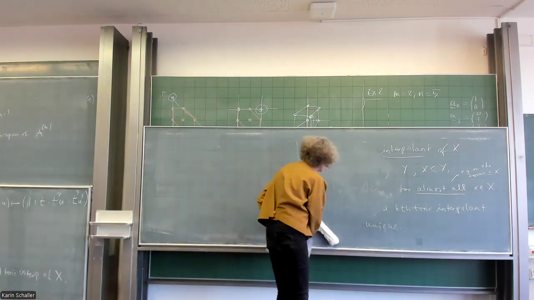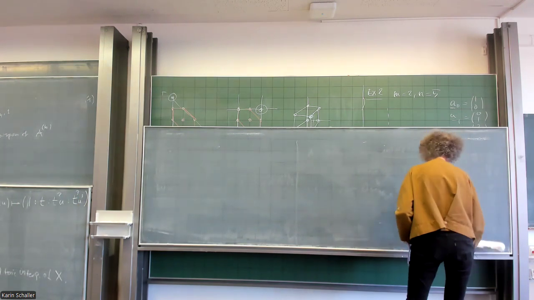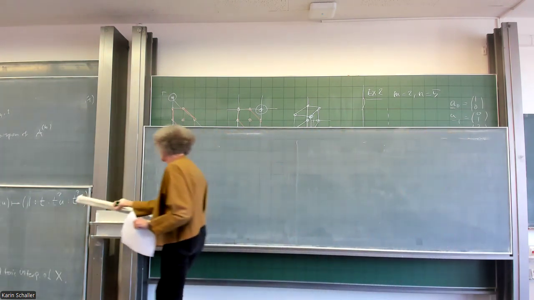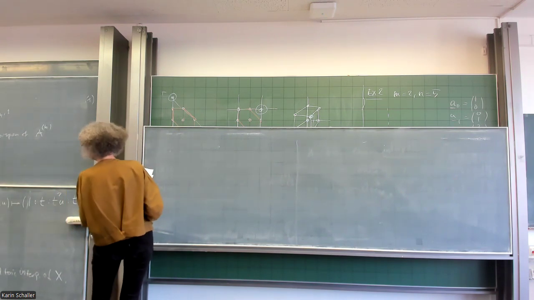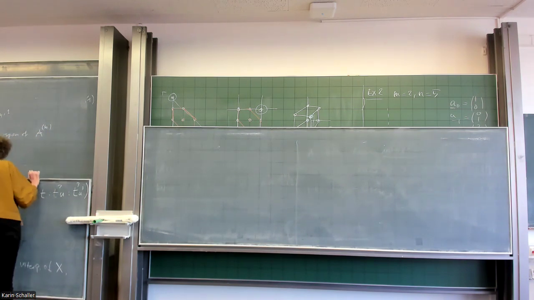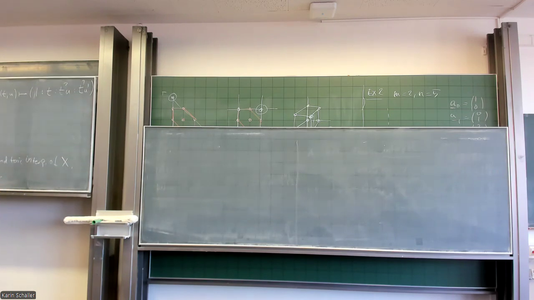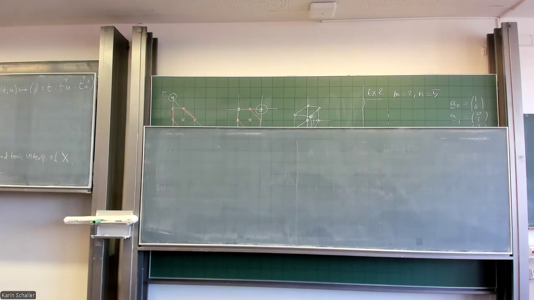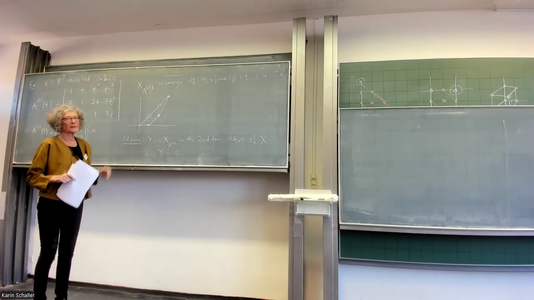Let me just say that if you do the rational normal curve of degree n instead of the twisted cubic, you will get a similar situation.